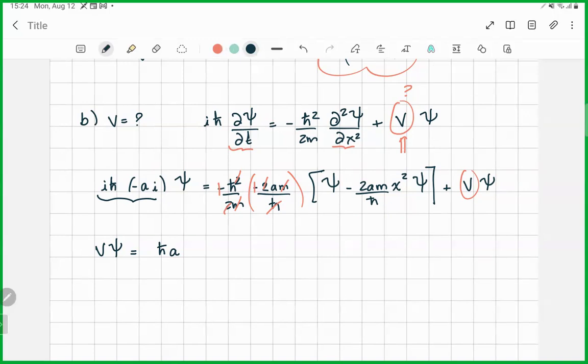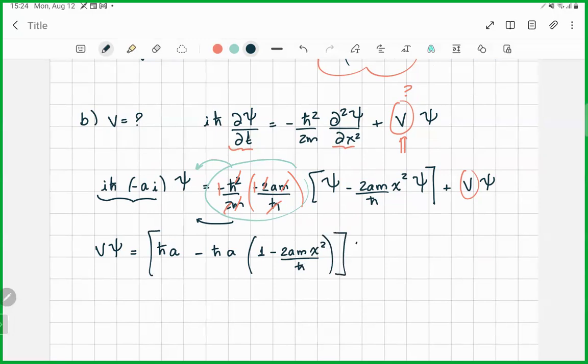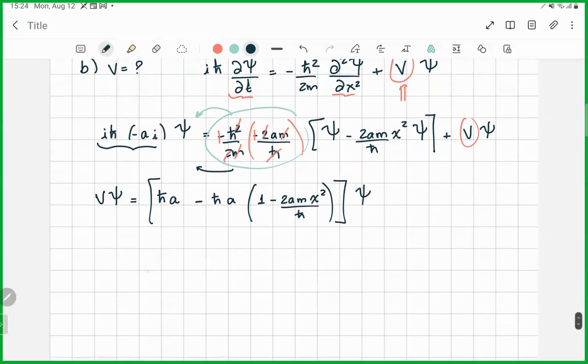So now we have, and this we are going to pass to the left, so we get a minus sign, minus h bar a. Okay, so that's what survived from this term, negative side, because we pass it to the other side. And inside here we have 1 and then minus 2a m x squared over h bar, all that multiplied by psi. So then we get the V, the potential energy.